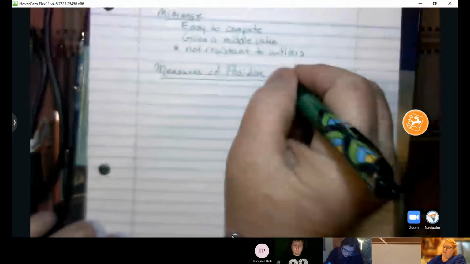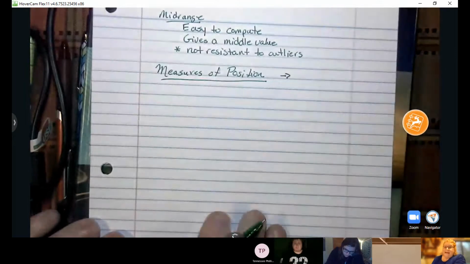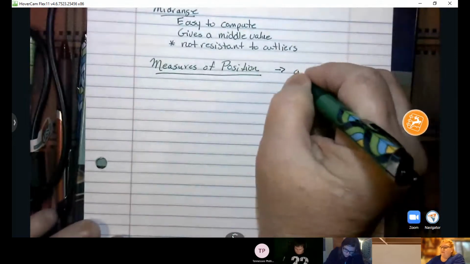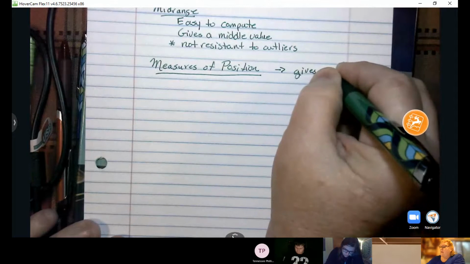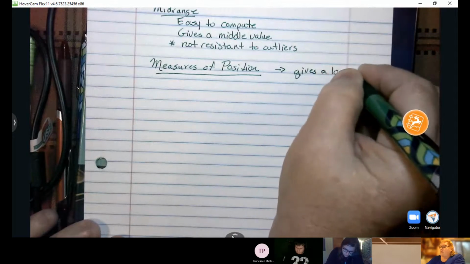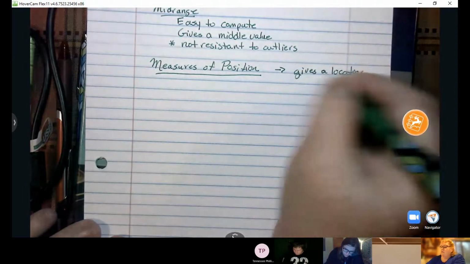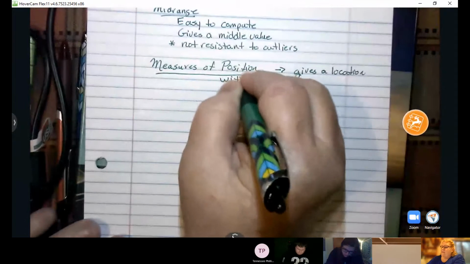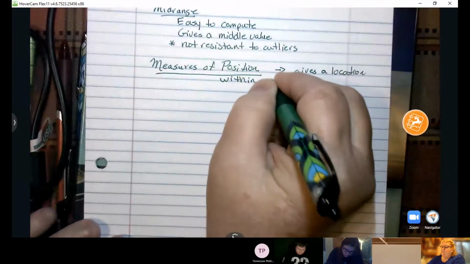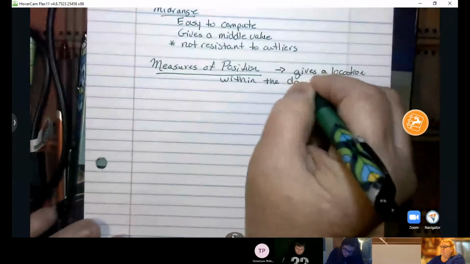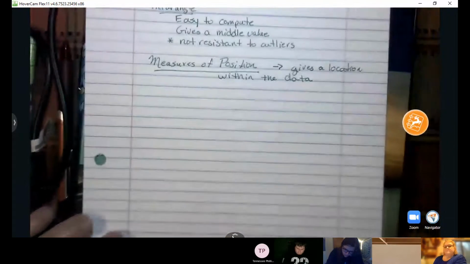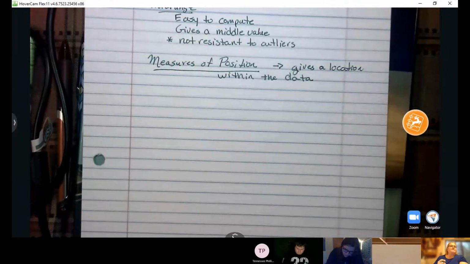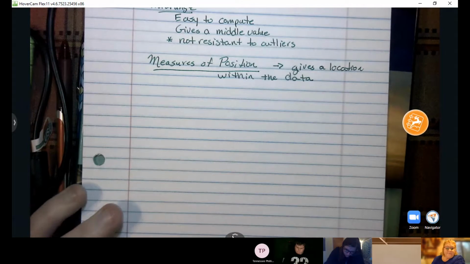Measures of position is kind of like it sounds. It gives us a location within the data. So kind of like the name sounds, it's going to give us a position within the data.